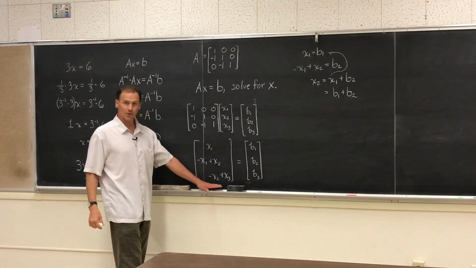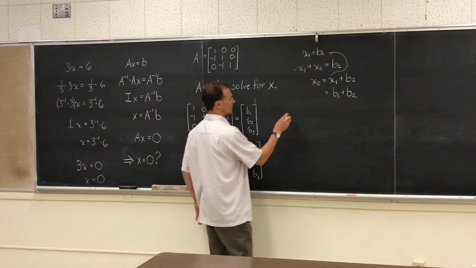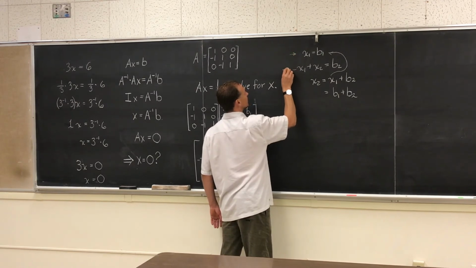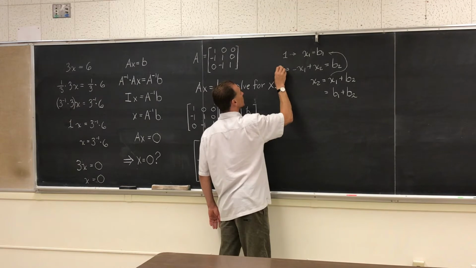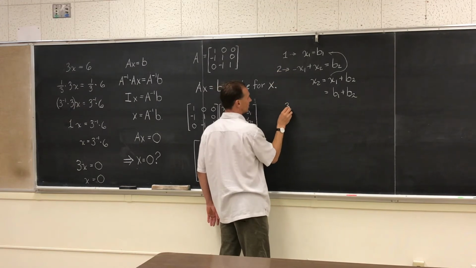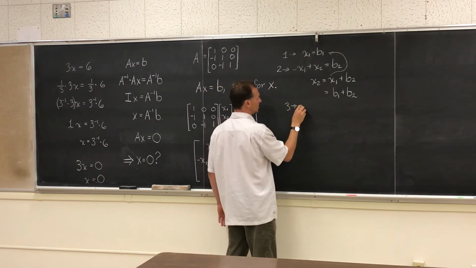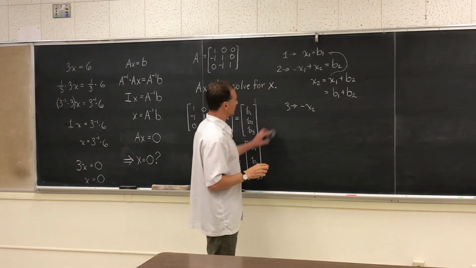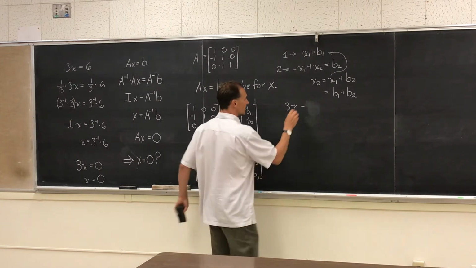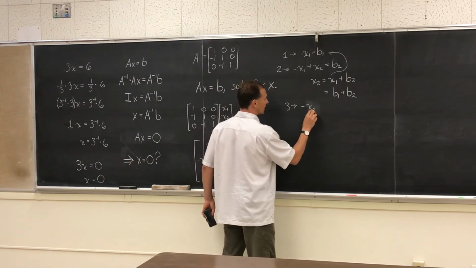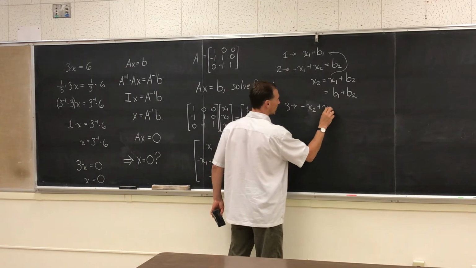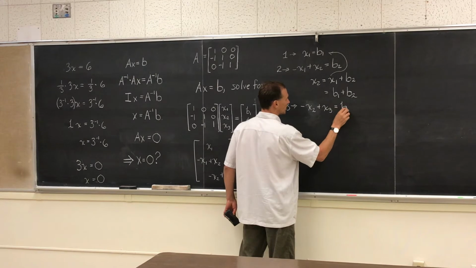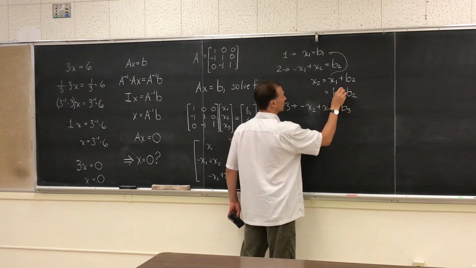And let's look at our third equation here. This is the first element. Here's our second. And then for our third element, we have minus x2 plus x3 is equal to b3. I should have little tails on those.